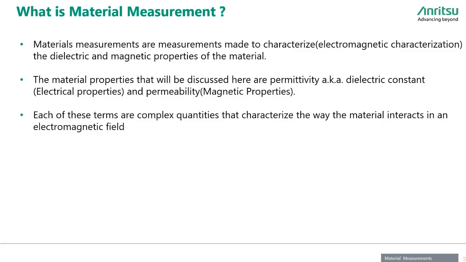Okay, starting with material measurement, or material characterization. Material characterization is a measurement made to characterize the electromagnetic, dielectric, and magnetic properties of a material. These properties are basically permittivity, also known as dielectric constant, an electrical property, and permeability, which is a magnetic property.